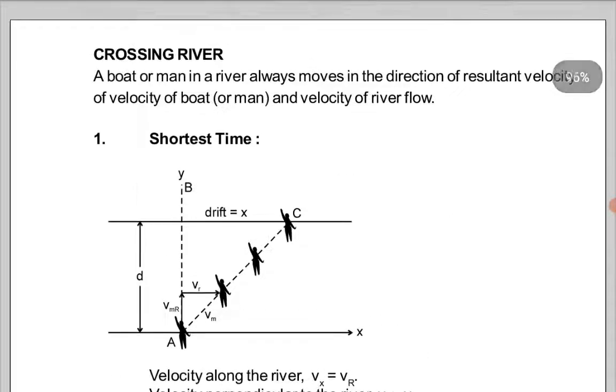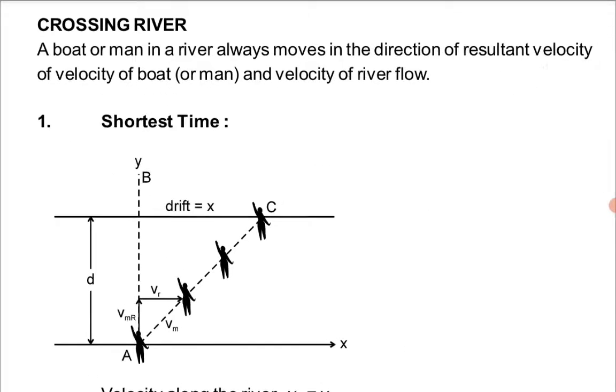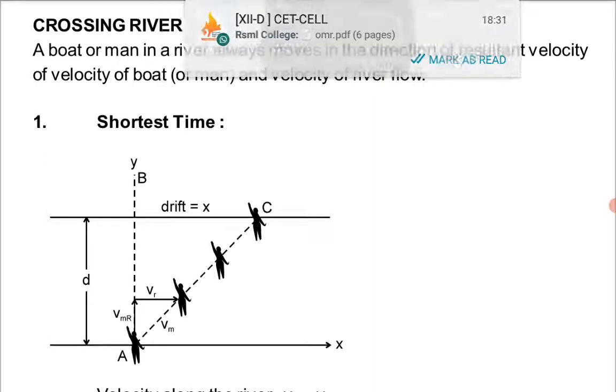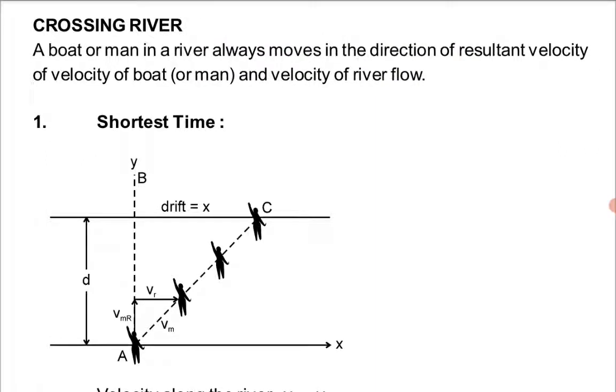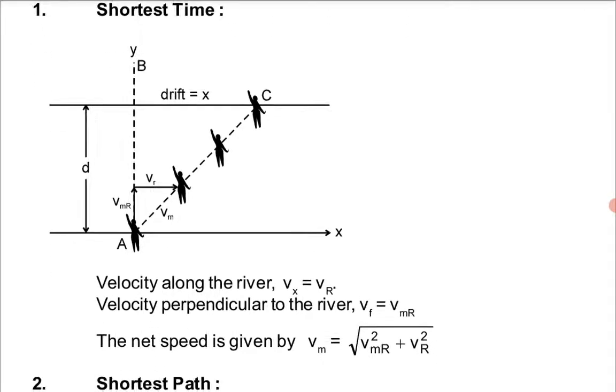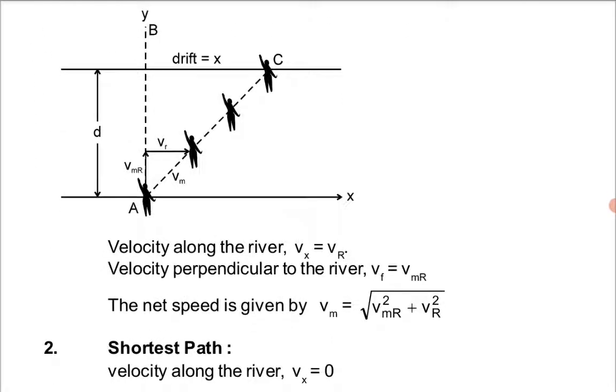Crossing a river: a boat or man in a river always moves in the direction of the resultant velocity of the boat or man and the velocity of river flow. First is shortest time. See this figure.